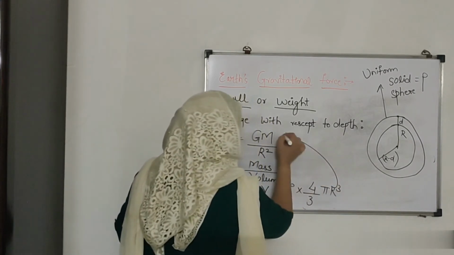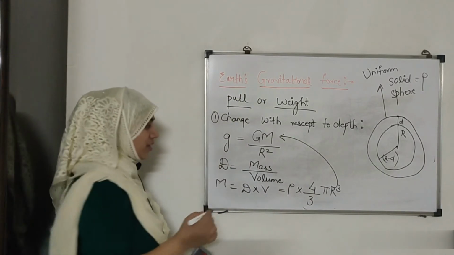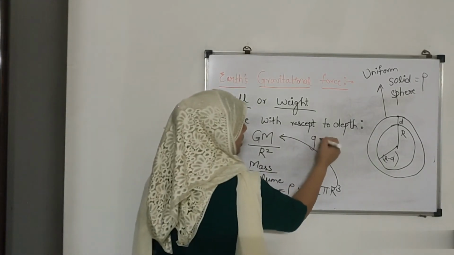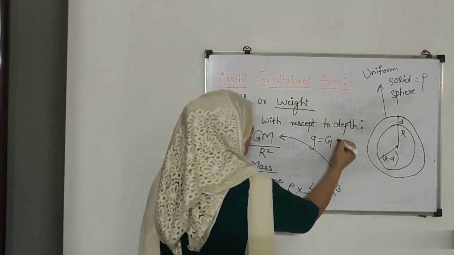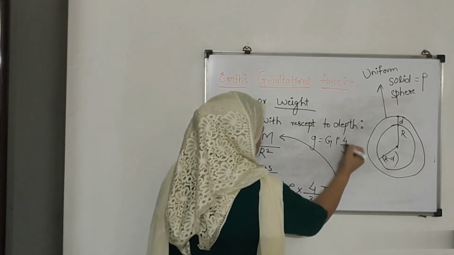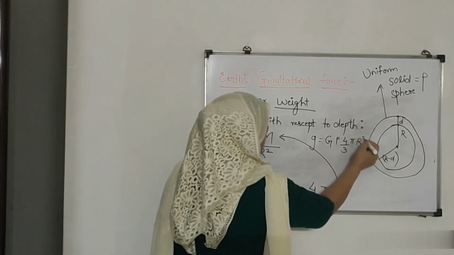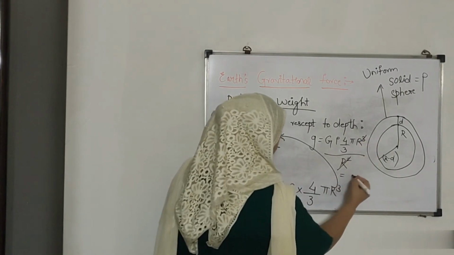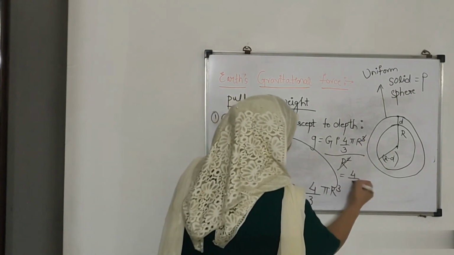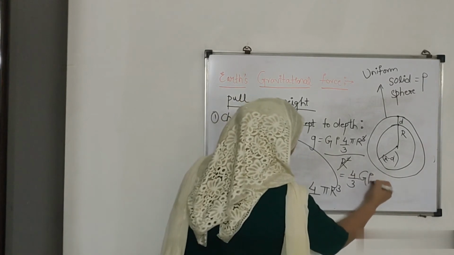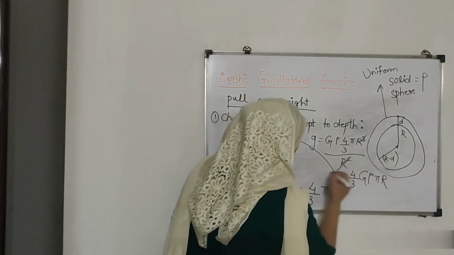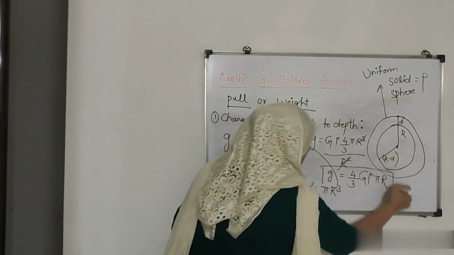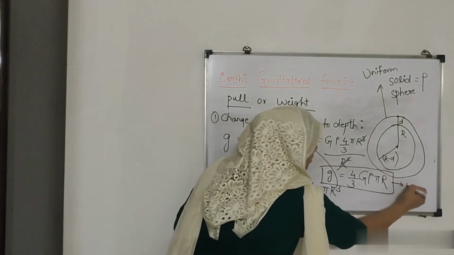So let me substitute this value in this equation. My g becomes equal to capital G rho 4 by 3 pi r cube upon r square. So I get the value of g as 4 by 3 capital G rho pi r. Okay, this is my g. Put this as equation 1.